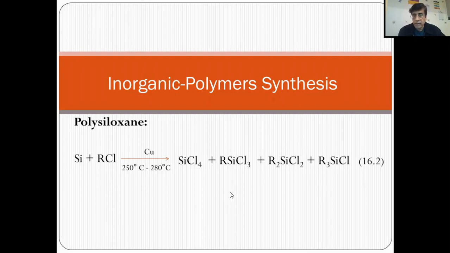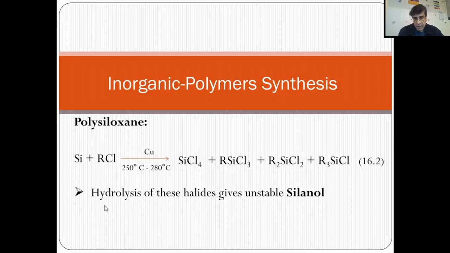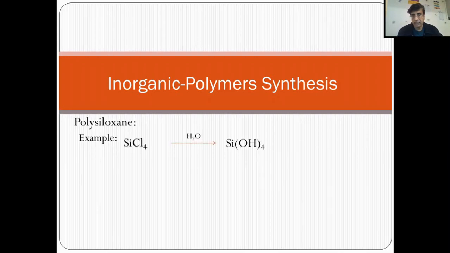So when you do the hydrolysis, this Cl will be replaced by OH. When you have ROH, what do you call it? Alcohol. Now you have SiOH, so this will be known as silanol. Hydrolysis of these halides gives unstable silanol. OL means like an alcohol OH, and because of the silicon it's called silanol. Collectively it is called silanol. In the next slide you can see what silanols you will get.